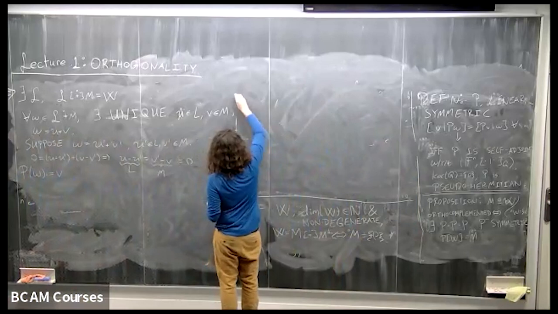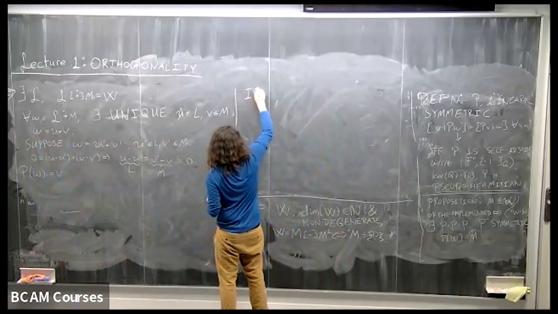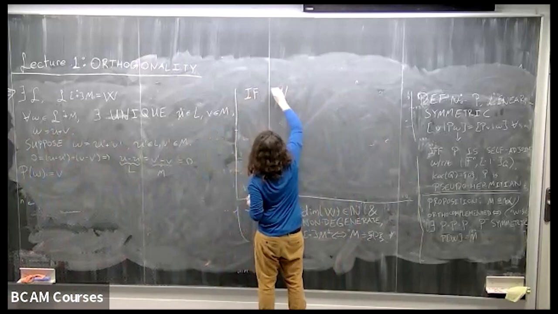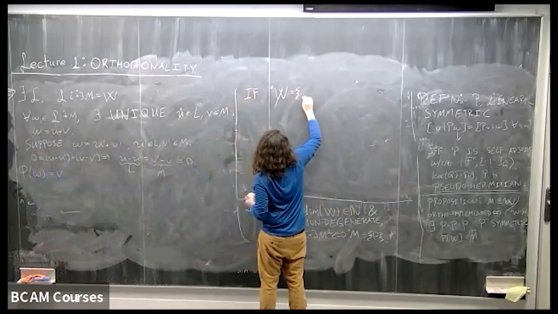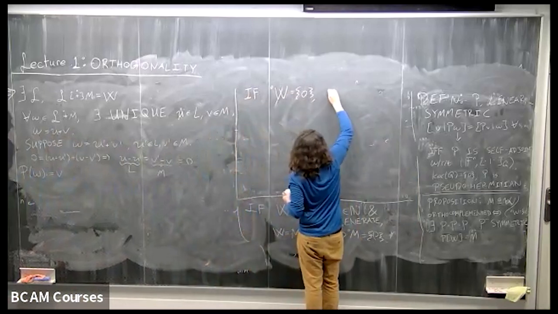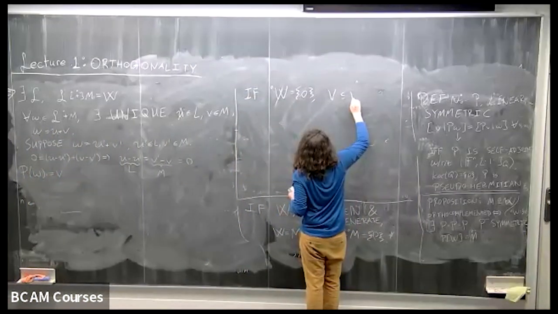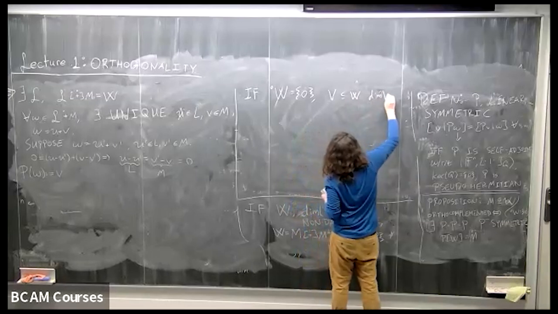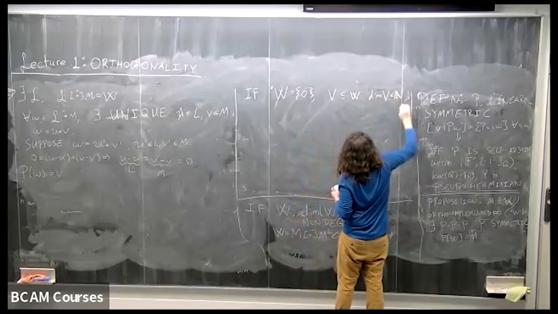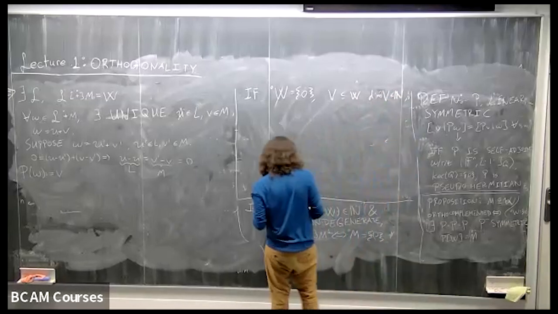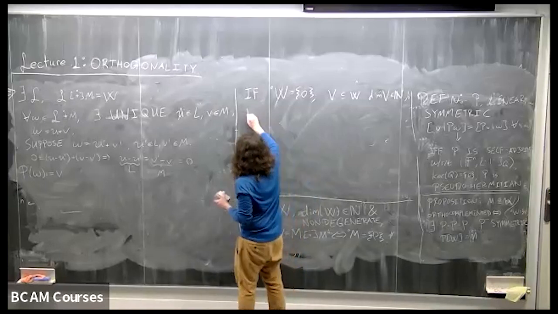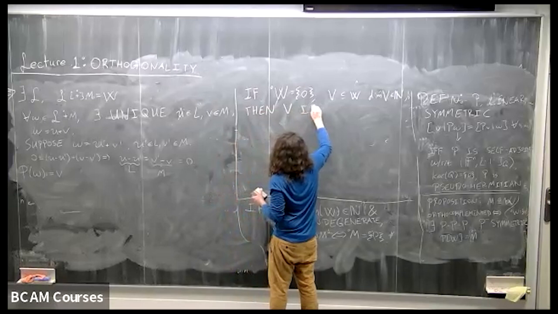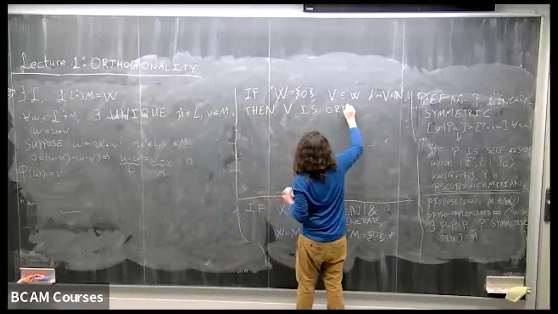So the upgrade is: if W is non-degenerate and V in W satisfies the finite dimensionality constraint, then V is orthocomplemented.